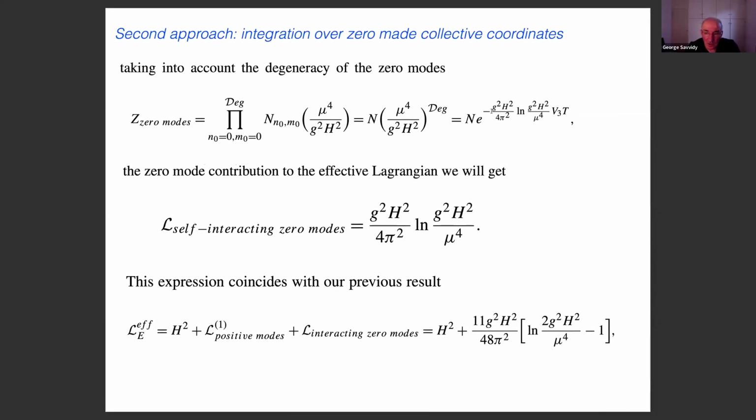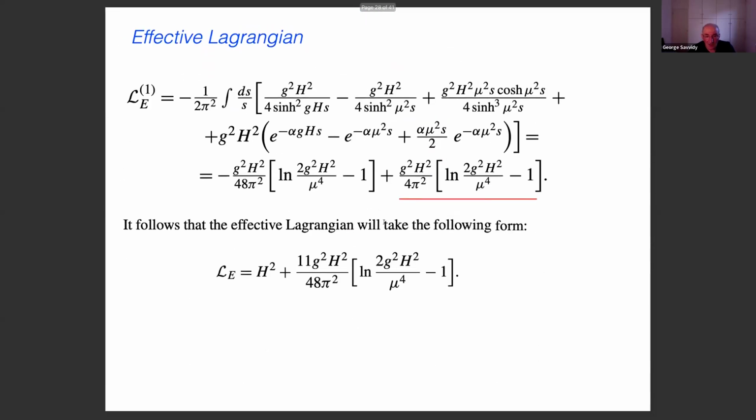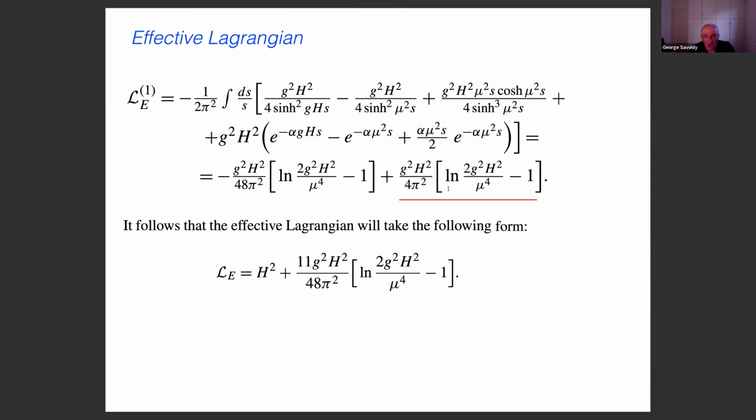So therefore we can read from here the effective Lagrangian, which is g squared h squared over 4π² times the logarithm of g squared h squared over μ to the 4. What we see is that this expression coincides with the one we obtained before with this artificial or whatever regularization.